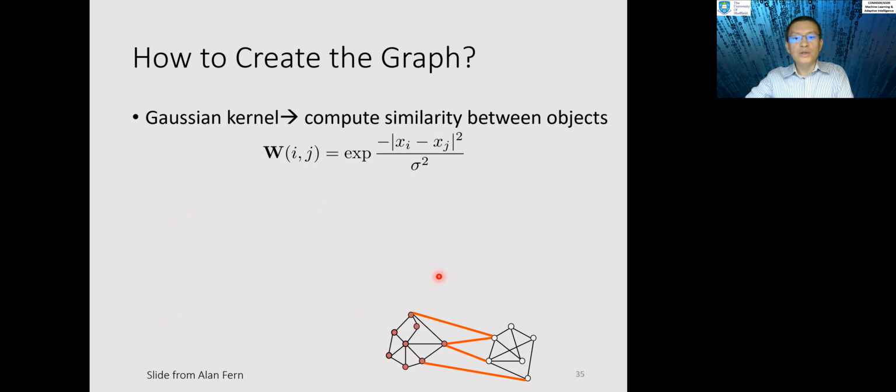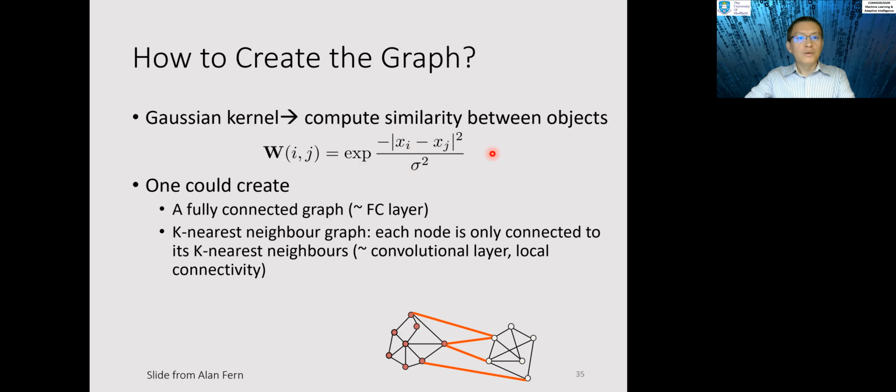So how to create this graph? A very popular way is to use a Gaussian kernel to compute the similarity between objects. There's a hyperparameter sigma that defines the spread of the kernel. With this kernel, we can construct either a fully connected graph, right?